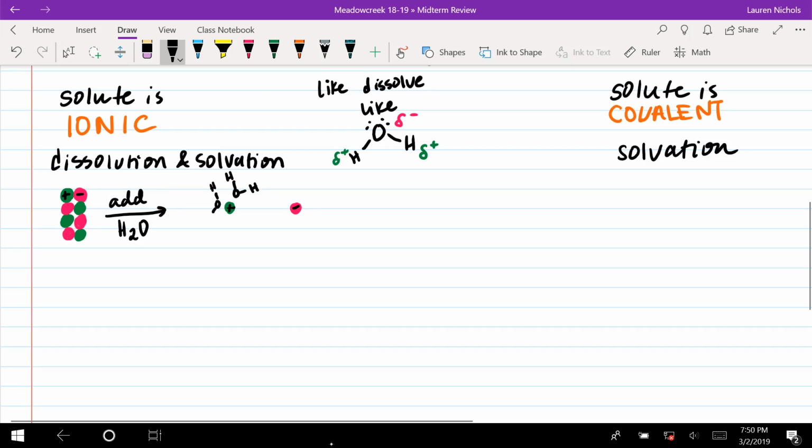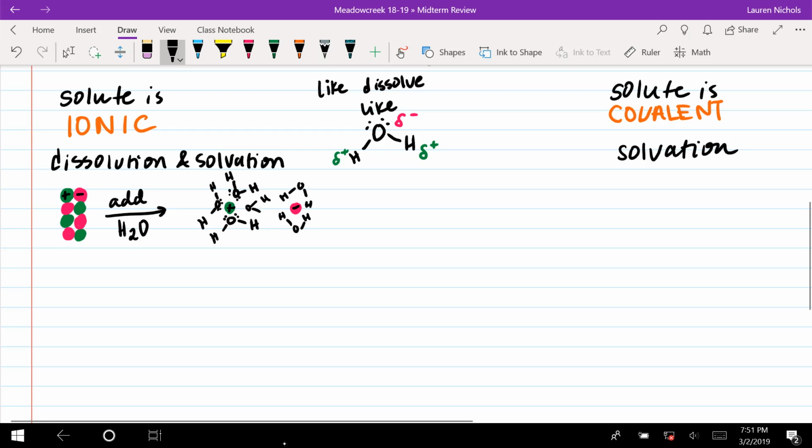For example, the positive ion will always have the negative oxygens pointed towards it, because opposites attract. That means the hydrogens are going to want to be near something that is negative, because they're positive and that's negative. And so the positive and negative ions, the pink and green, are prevented from getting to each other by the water.